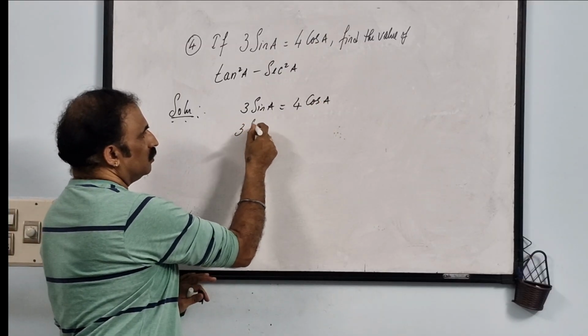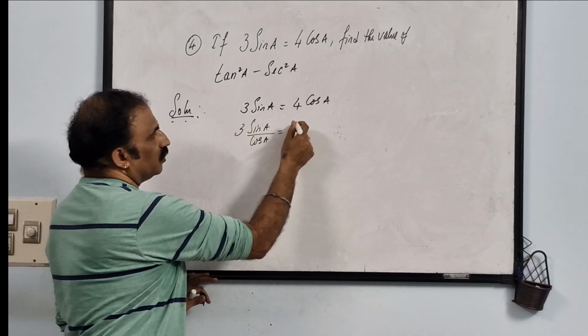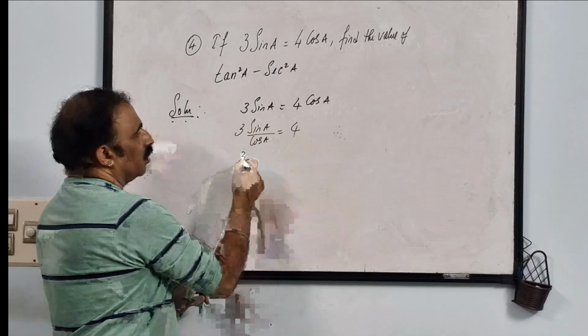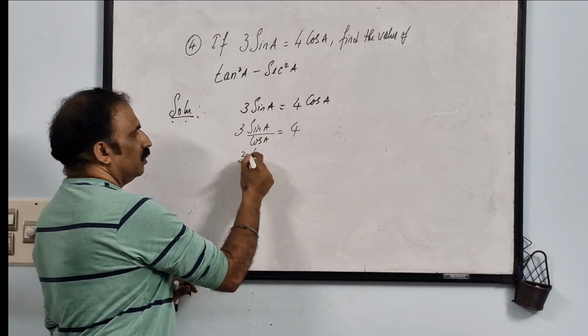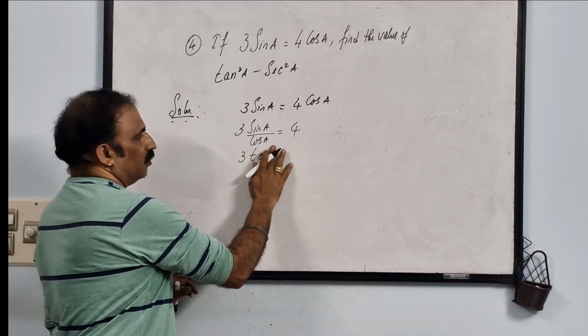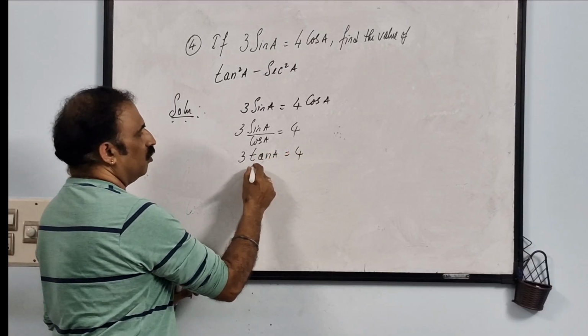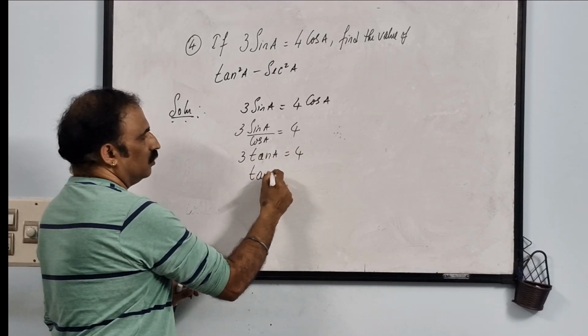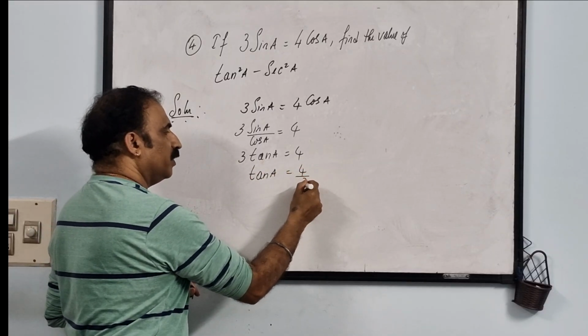So 3 sin A divided by cos A is equal to 4. According to reciprocal ratio, sin A divided by cos A is going to be tan A. Therefore, tan A is equal to 4 divided by 3.